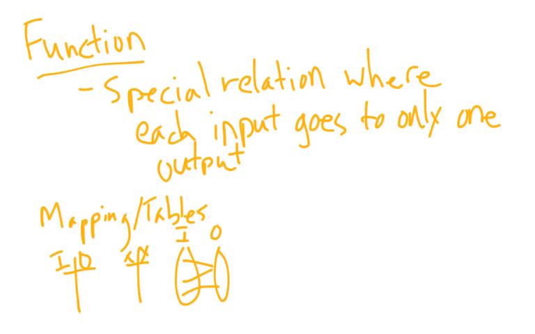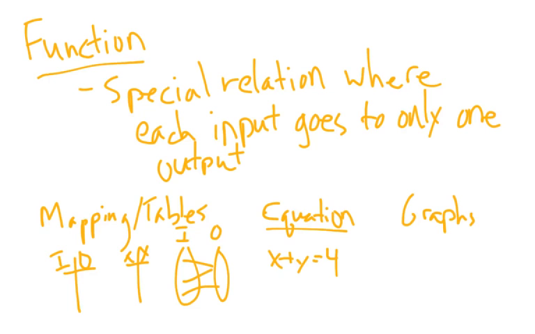You'll see in a minute. We have equations, which we'll talk about later, but essentially an equation could be something like x plus y equals 4. And finally, we have graphs. Graphs could either be a line, or it could be a set of points on the graph. And so that's how we can view these functions.